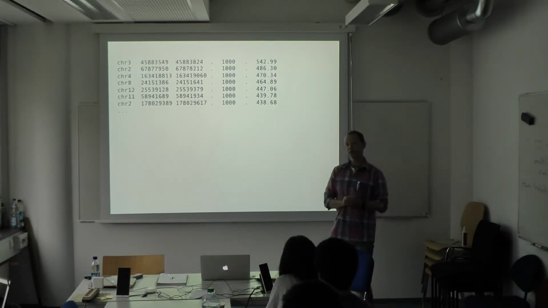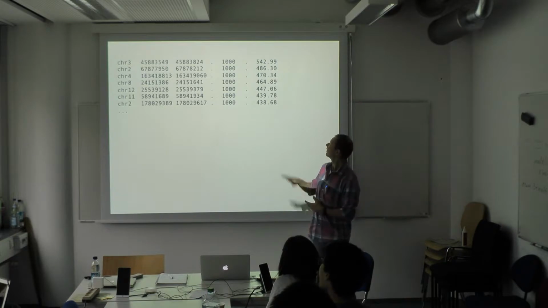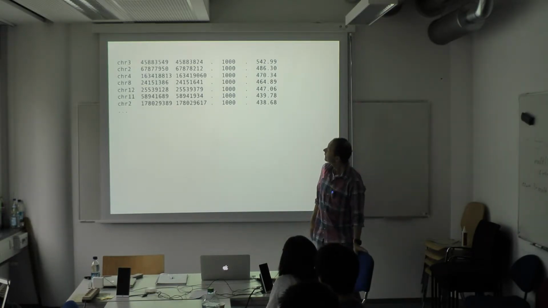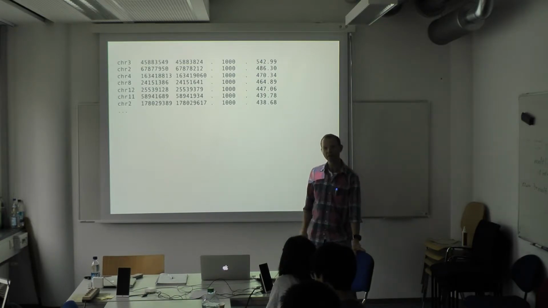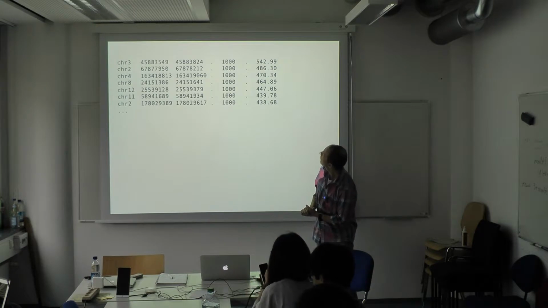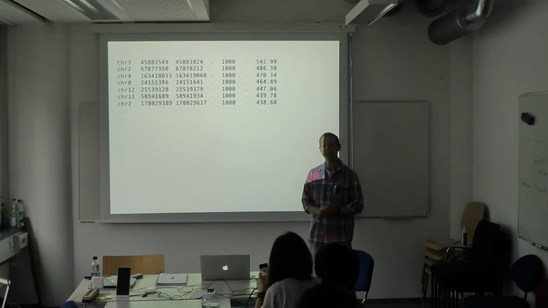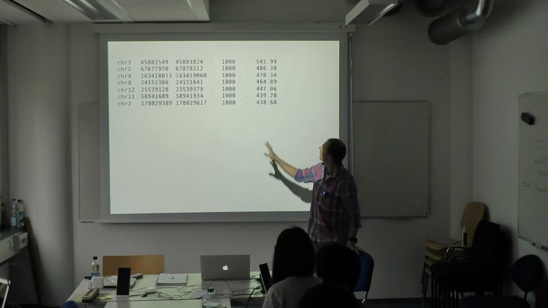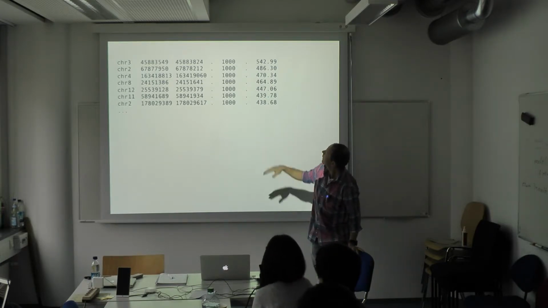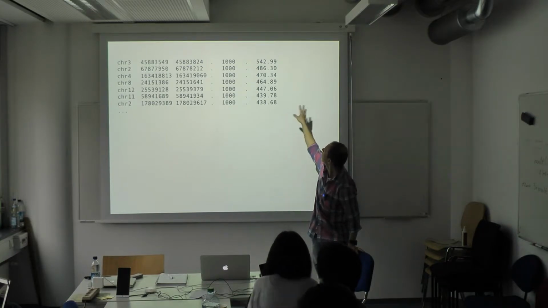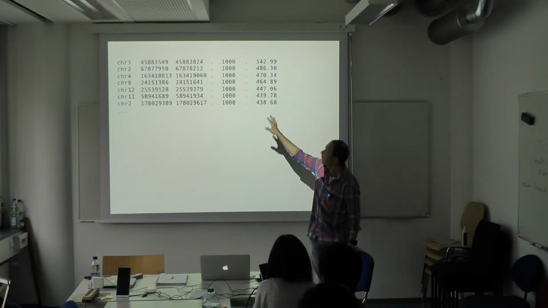To come back to what this biological data is, it doesn't really make a lot of sense when you look at it, but you might guess that the first field in this data file has to do with chromosomes. CHR3 stands for chromosome 3, and then you have a big number and another big number, very close to the first one, and then a couple of other numbers. We'll just bother with the first three.